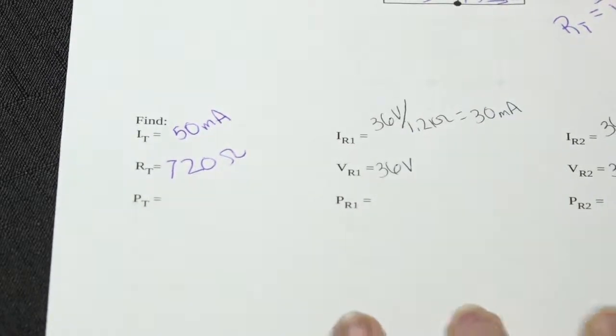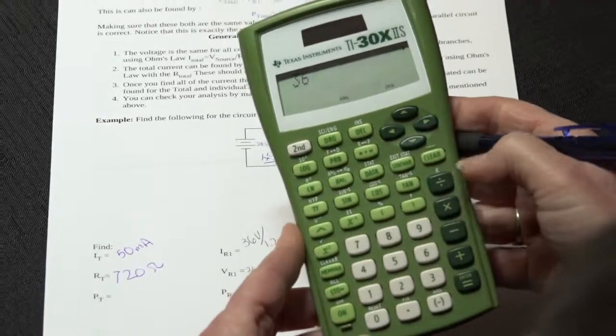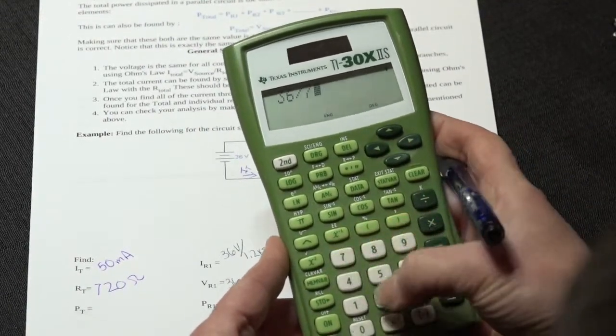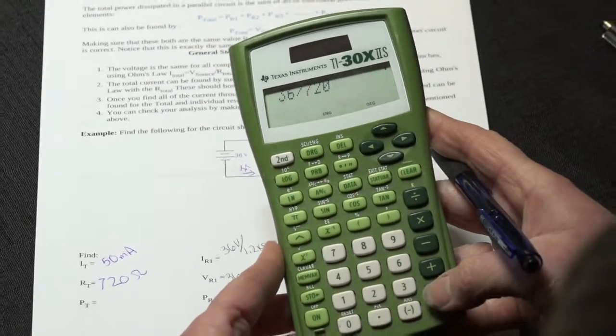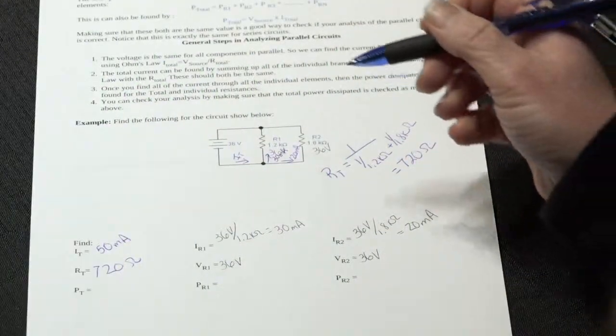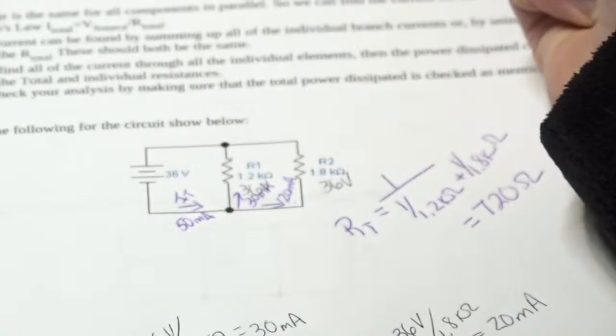And let's go ahead and apply Ohm's law. So if we have 36 volts and we divide that by 720 ohms, indeed that gives us 50 milliamps. So we are doing good. So we get 50 milliamps coming in here.